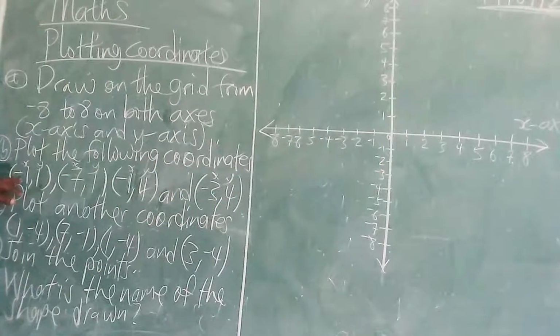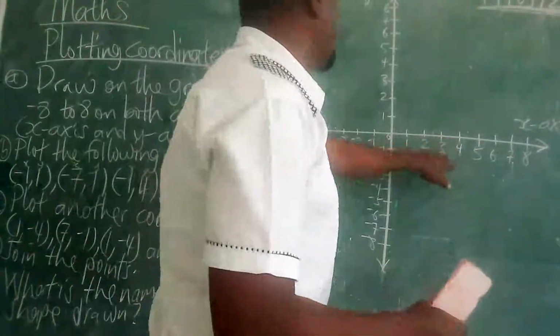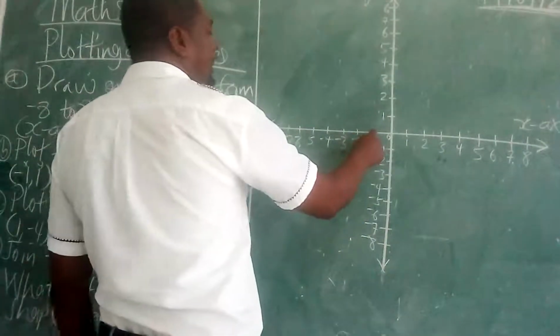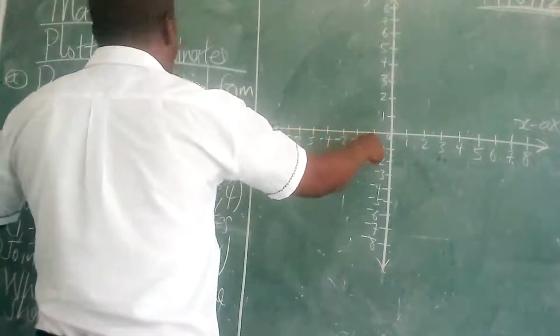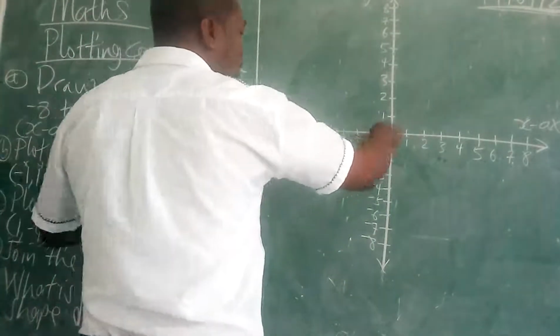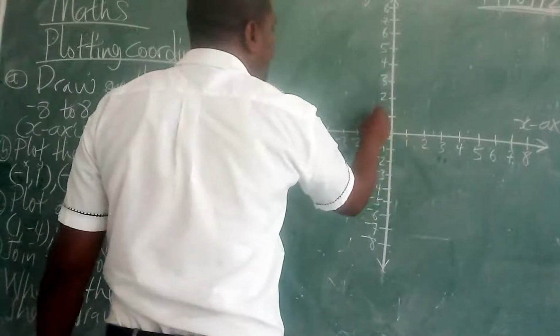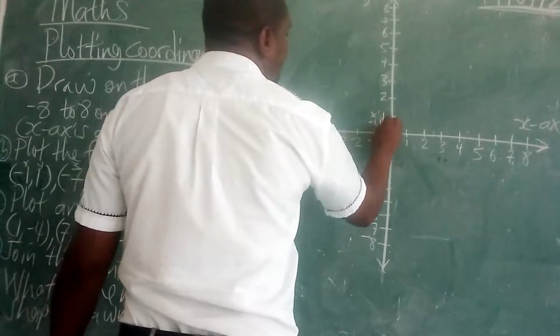So the first one is negative 1. So we go to x. What is the negative 1? Here is positive, here is negative. So negative 1 is here. And then the second one is y, positive 1. So y negative is here, positive is up here. So they will meet: we have (-1, +1).